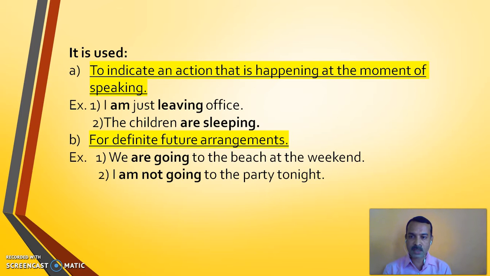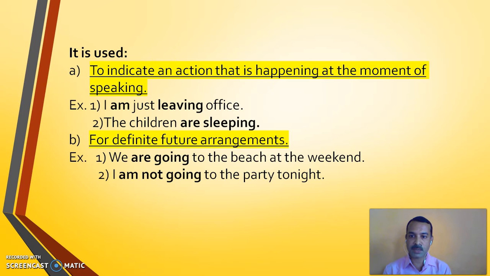Now let's have a look at its uses. Present continuous tense is used to indicate an action that is happening at the moment of speaking. While the speaker is talking, that particular event is going on or is in process.